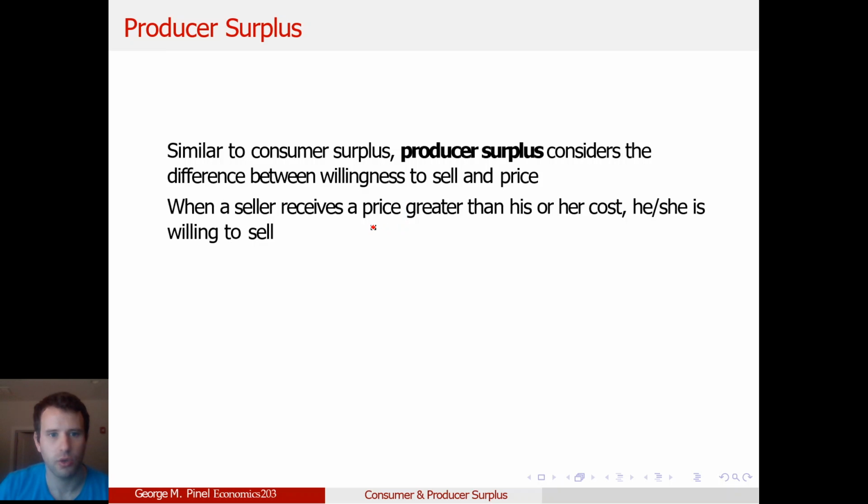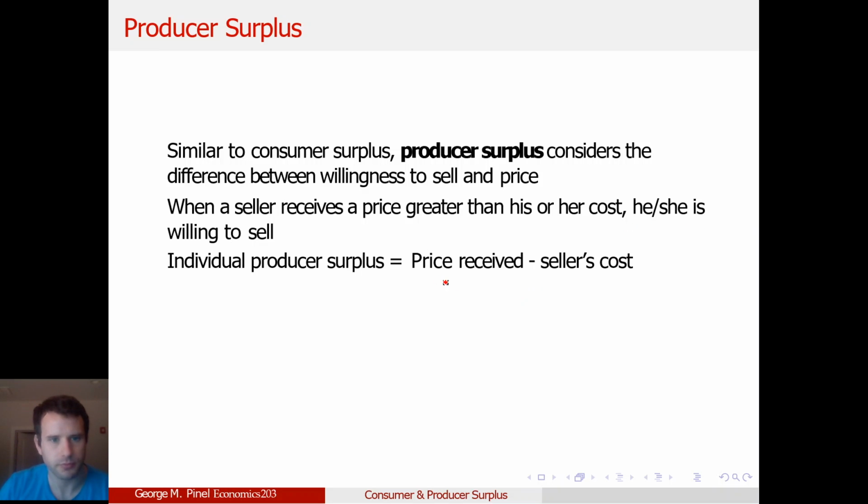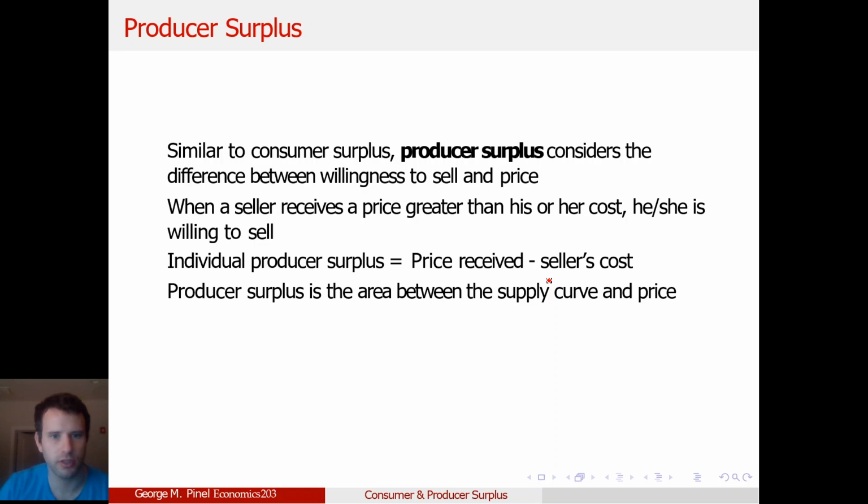When a seller receives a price greater than his or her cost, they are willing to sell, I should say. So individual producer surplus is equal to the price received minus the seller's cost for that particular good. And producer surplus is the area between the supply curve and price.